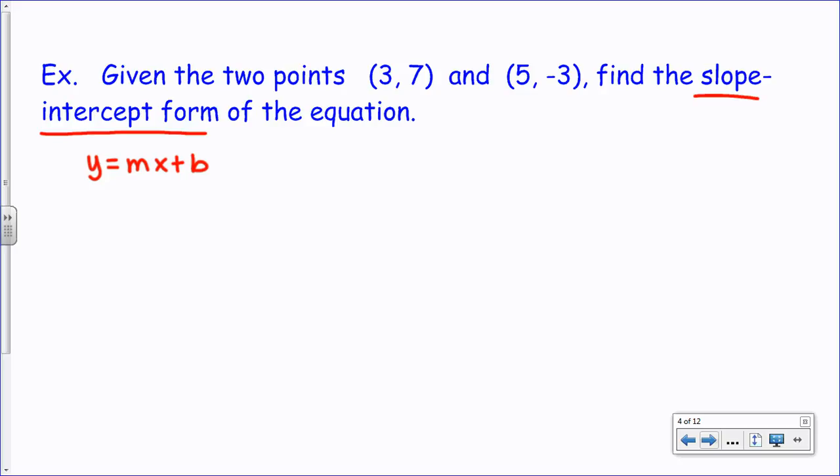What about the slope? I'm not given it, but I can find it because I have 2 points. So I can do y2 minus y1, so -3 minus 7, over x2 minus x1.